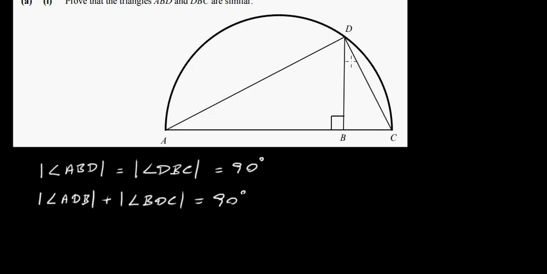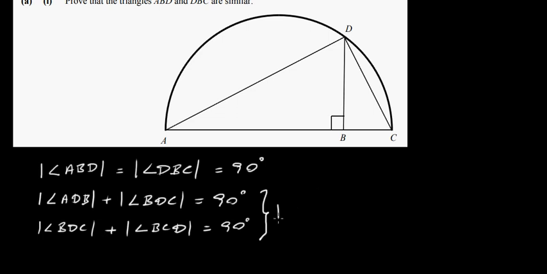So this angle here, BDC, so we can say the size of the angle BDC plus this angle here, BCD, must also give us 90 degrees. So if we just combine these two here, we can see that if these two added together give us 90 degrees and these two added together give us 90 degrees, then these must be equal.